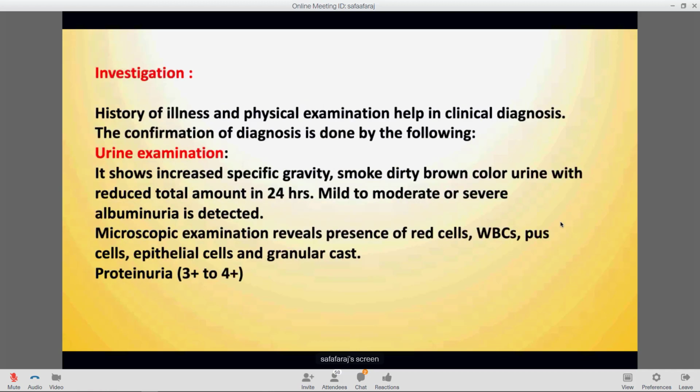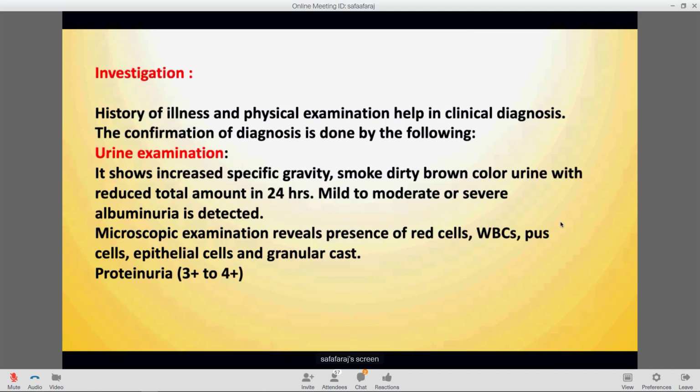What are the investigations which should be done in patients with suspected glomerulonephritis? History is a very important step, followed by physical examination. All these will help us make a proper clinical diagnosis.